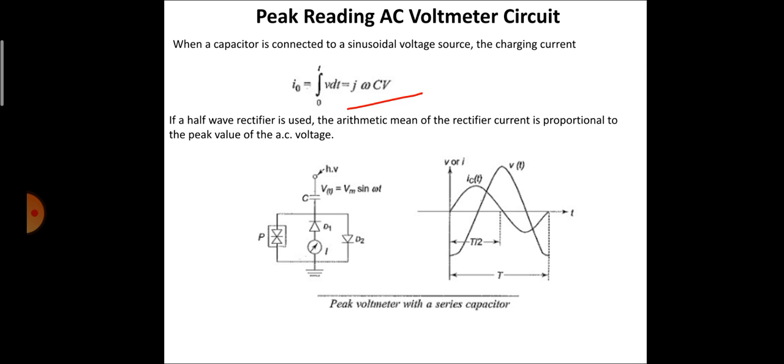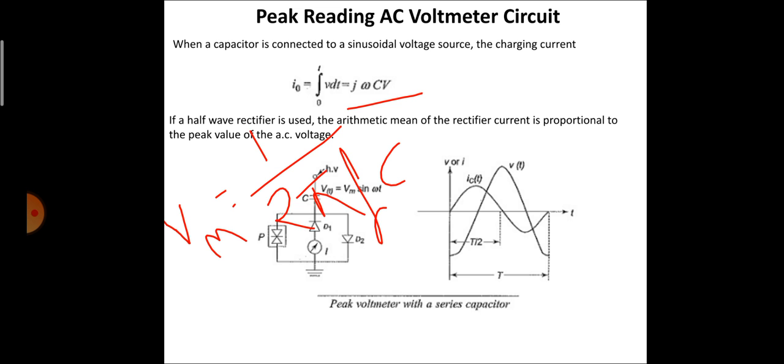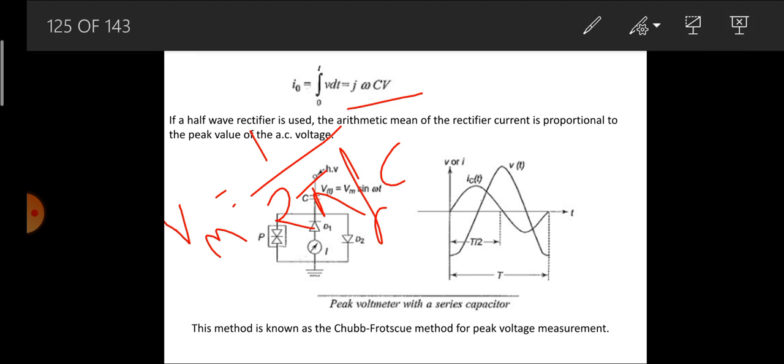Vm would be equal to 1 by 2 pi f C times the mean current. This method is also called the Chubb-Fortescue method for peak voltage measurement.